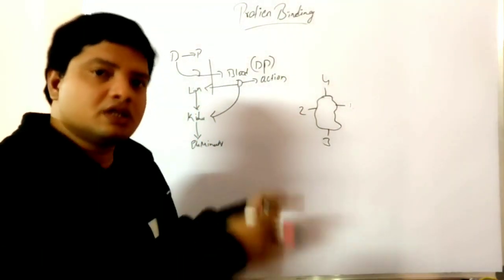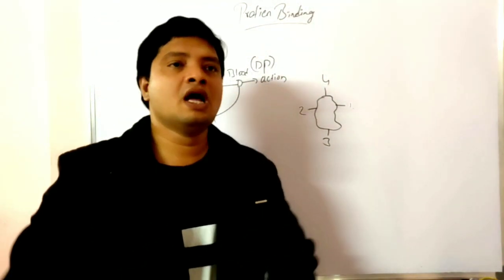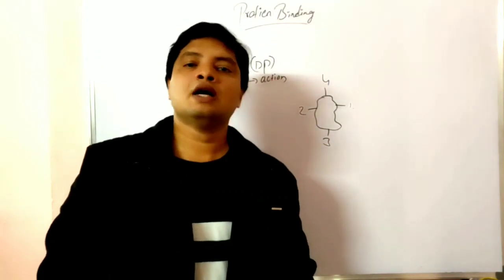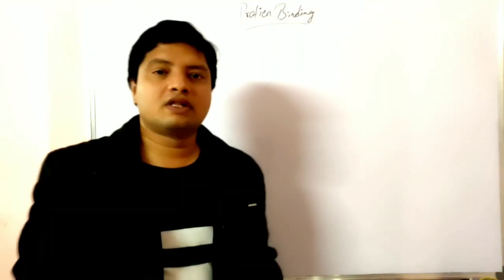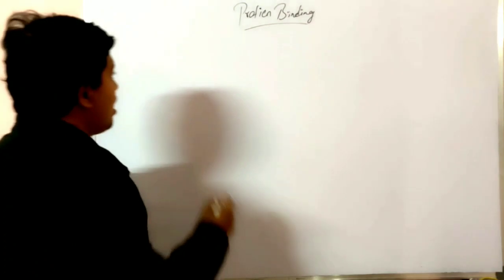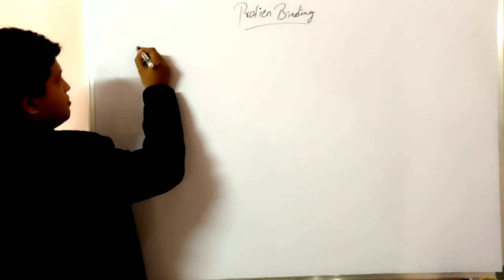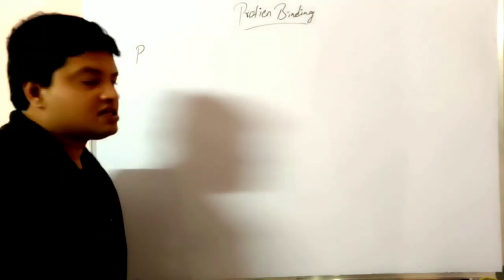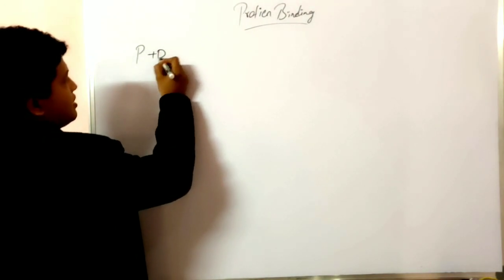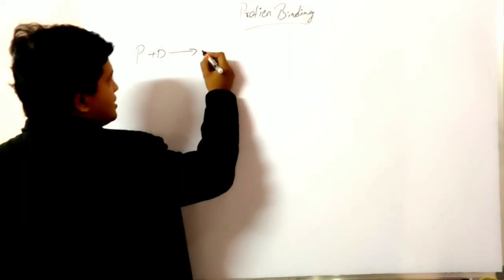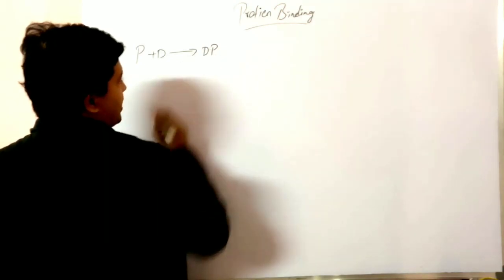Now we will see how to derive the equation for the kinetics of protein binding and how to conduct the experiment. Let's assume I have unbound protein and a drug going to form a complex, that is the drug protein complex.